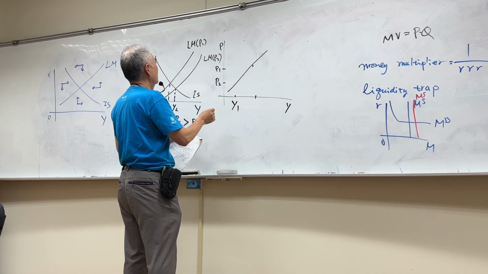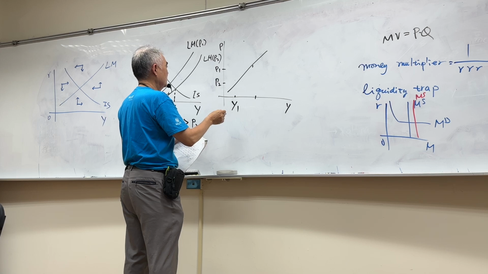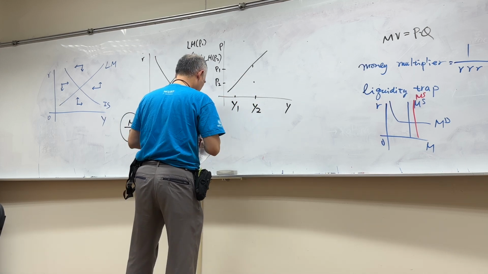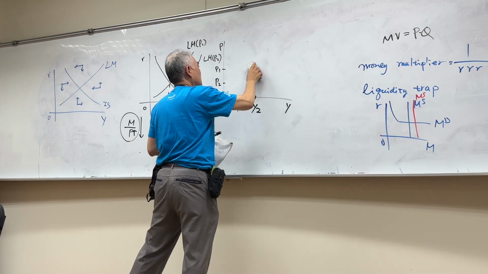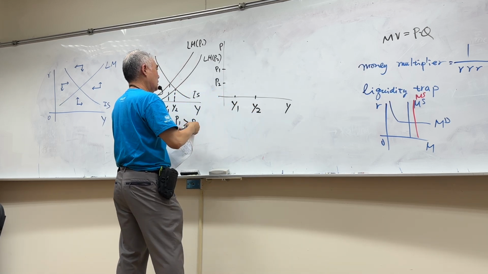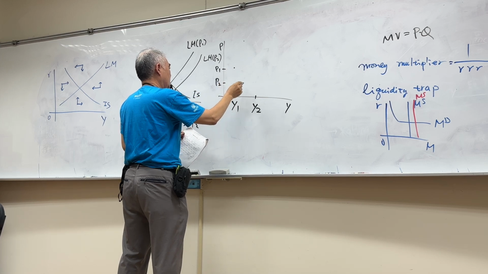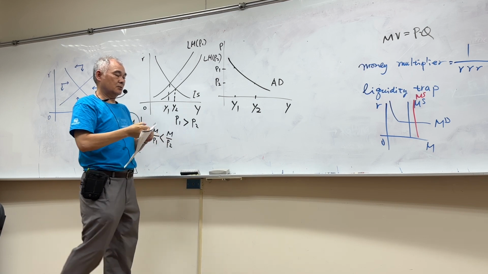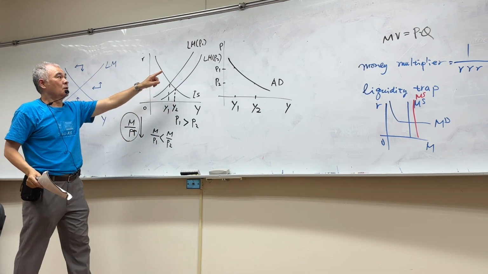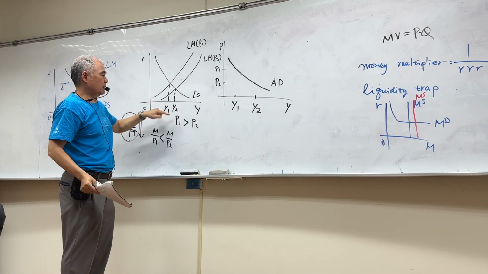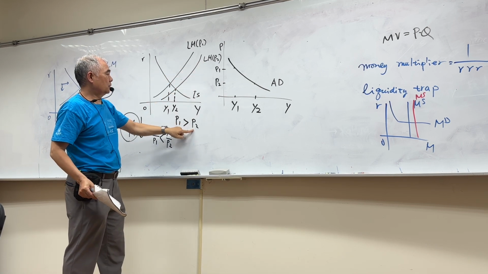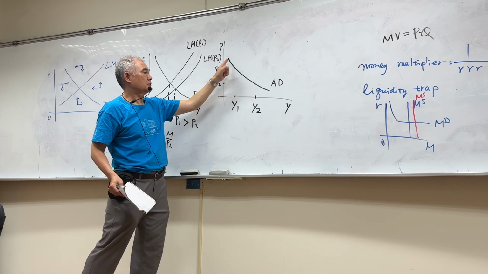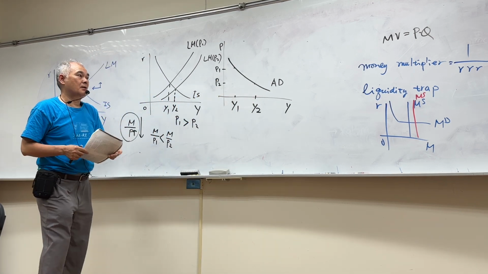P1 is higher, P2 is lower, and then Y2. Oh, okay. So Y1 and Y2, this is aggregate demand, right? P1 is higher, P2 is lower, and here you have Y1, and Y2 here, so this is the aggregate demand curve.